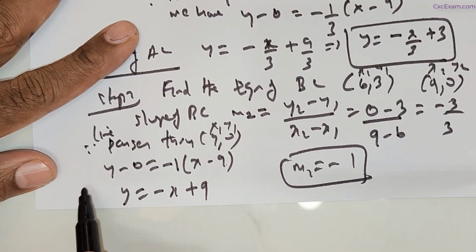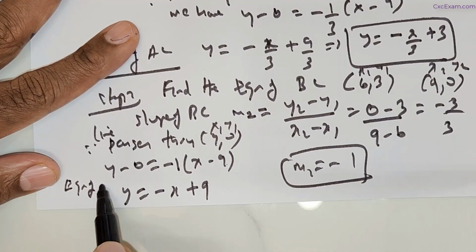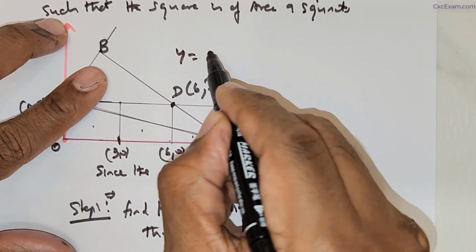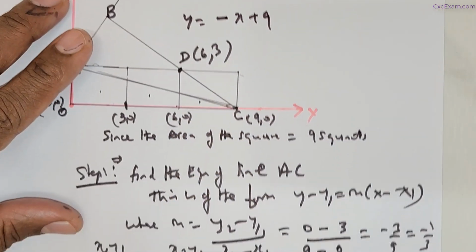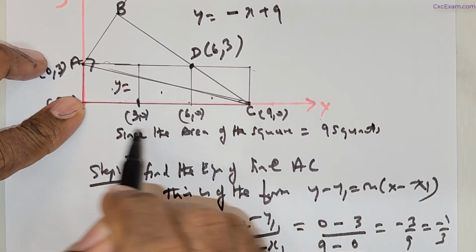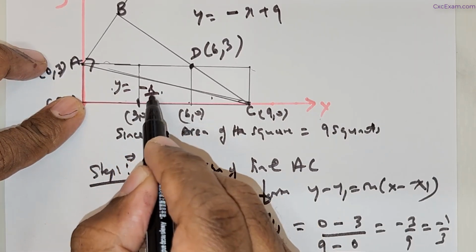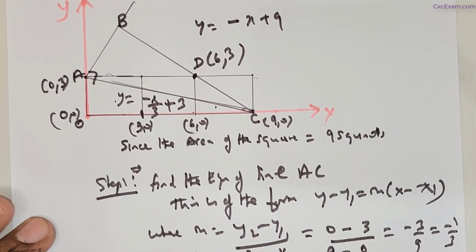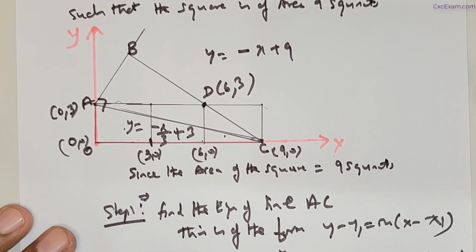This is the equation of BC. Let me write this down here. BC is y is equal to negative x plus 9. AC is y is equal to negative x over 3 plus 3. Okay, fair enough. Right, we are on the right track.